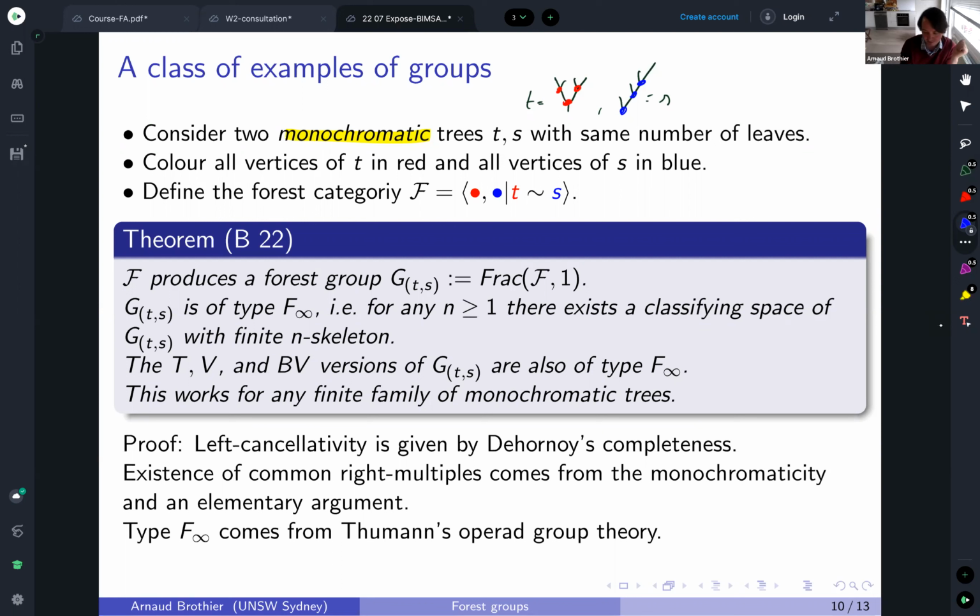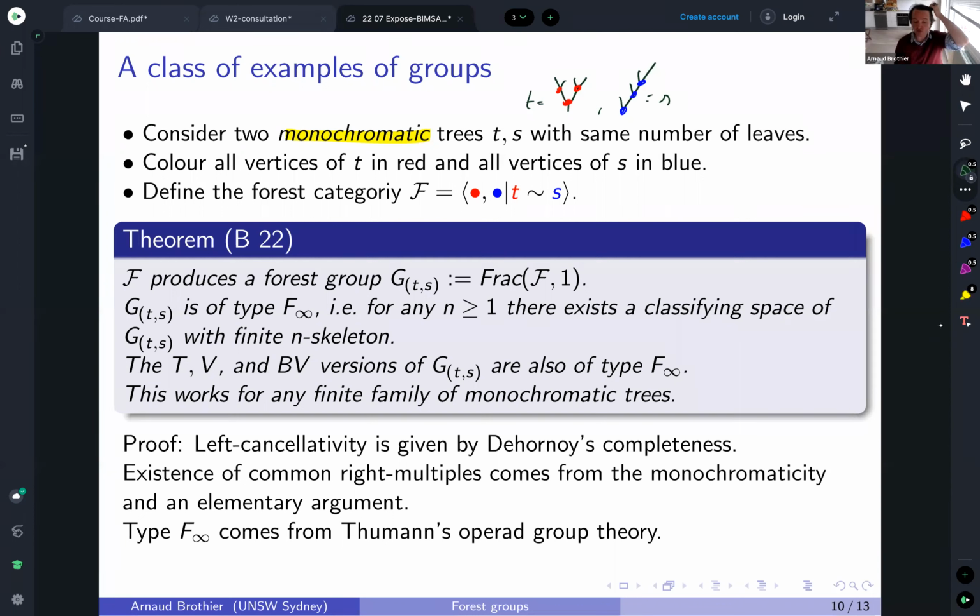Because your trees are monochromatic. You see, I didn't mix up the colors. It's only all red or all blue for T and S. And because of that, the miracle happened. If I had mixed the colors, it would be case by case, and trust me, it would not be easy, and the answer you get would be surprising.